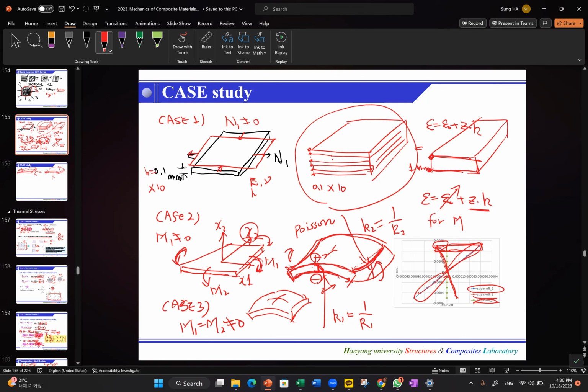So only curvature remains in the all isotropic case.